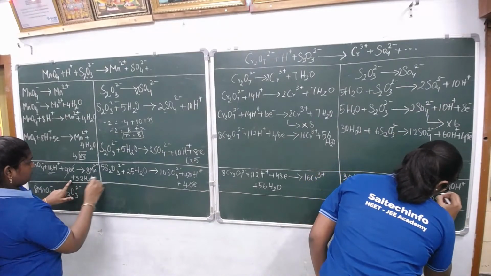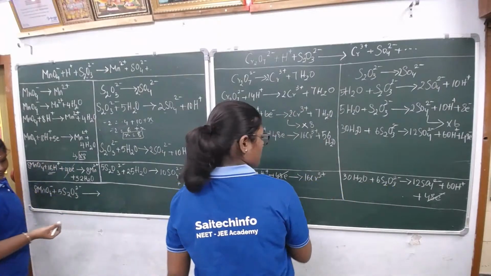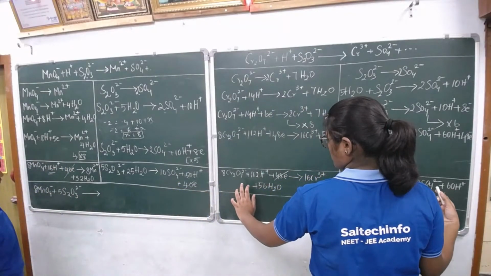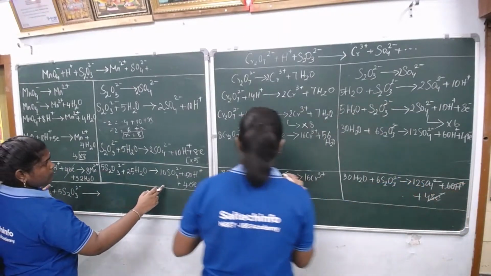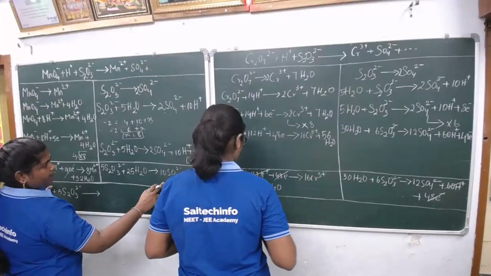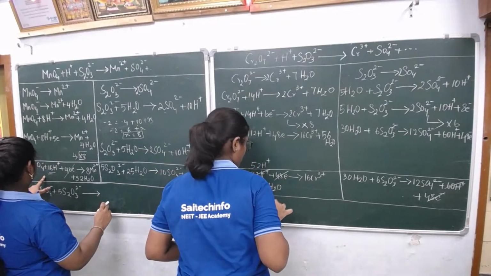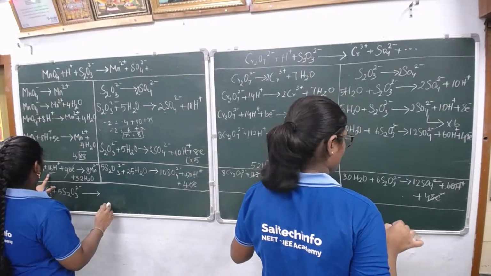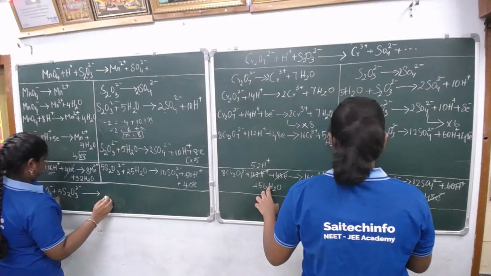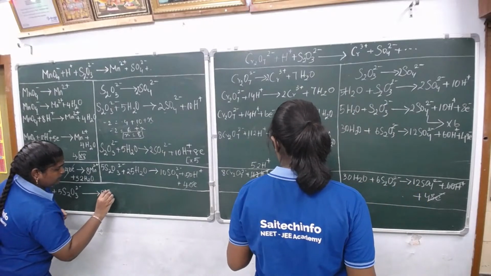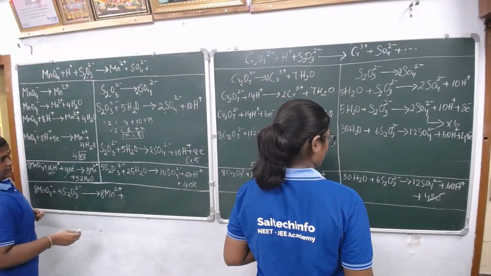So 32 is more, so we need to add water molecule on that side to form 8 Mn2 plus.